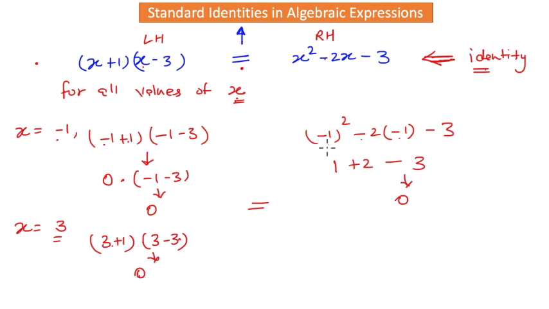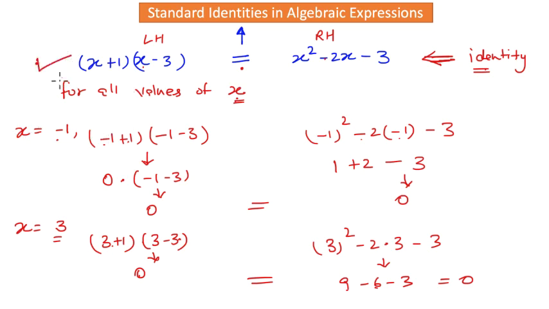Same thing on the right hand side, I have 3 square minus 2 times 3 minus 3, which is 9 minus 6 minus 3, and 9 minus 6 is 3, minus 3 is 0. So once again, we find them to be 0. You can continue exploring like this, but for each possible value of x, we will find that this holds true. So hence we say that yes, this is an identity, all right?